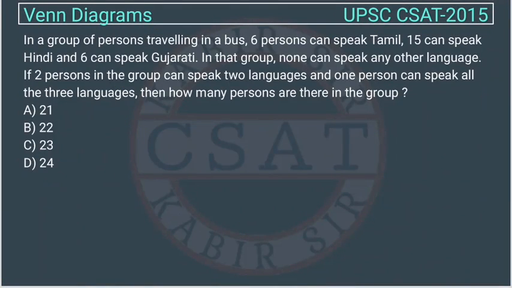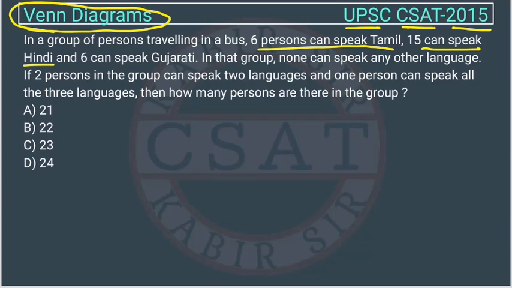So this is a reasoning question taken from chapter Venn diagram asked by UPSC in their CSAT paper of 2015. In a group of person traveling in a bus, 6 person can speak Tamil, 15 can speak Hindi and 6 can speak Gujarati, right? So there will be 3 Venn diagram for each language. In that group, none can speak any other language.